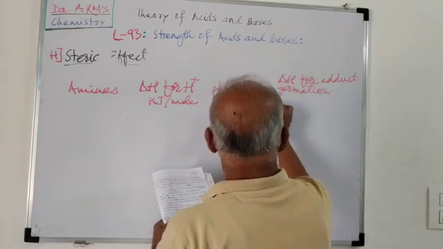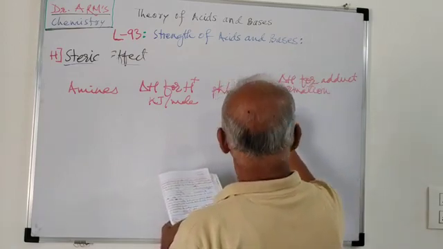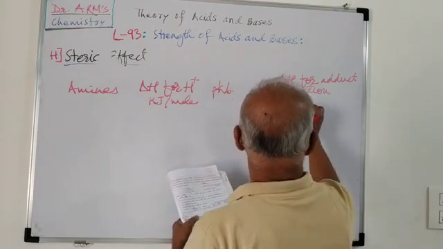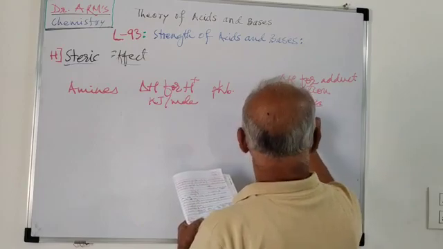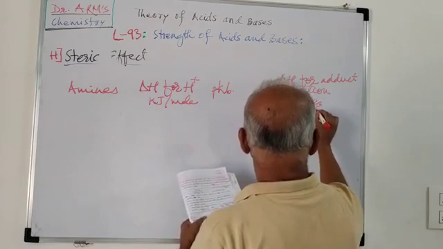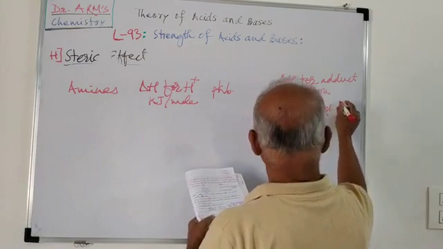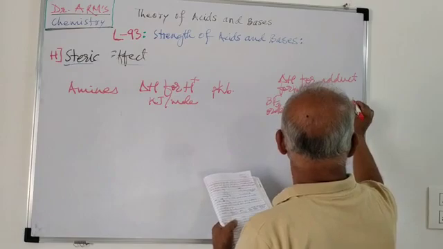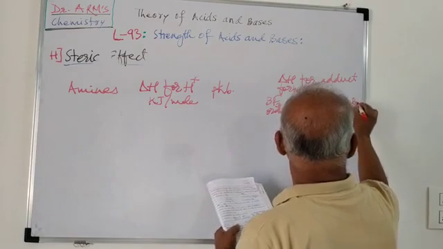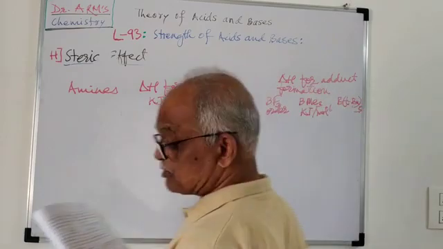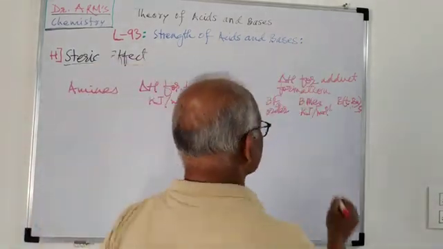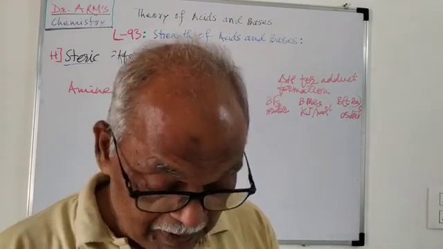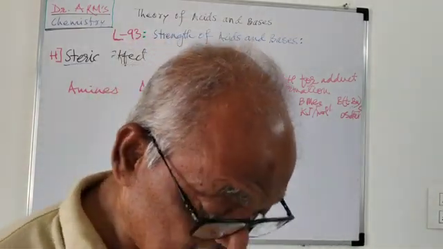Using BF3, that is the order of BF3 as a Lewis acid, then BMe3 delta H in kilojoules per mole, and tertiary butyl boron, that is the order. Then we will get the values like this.